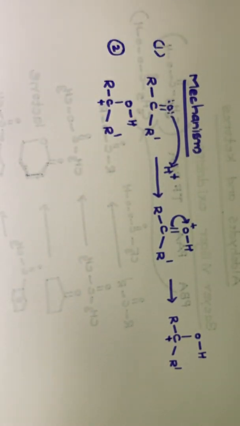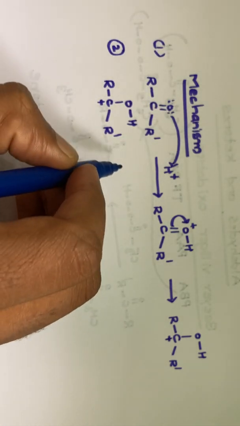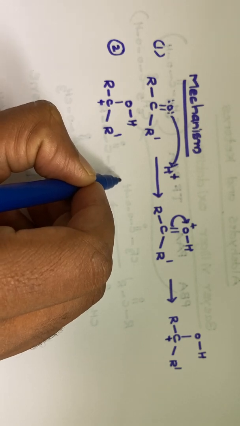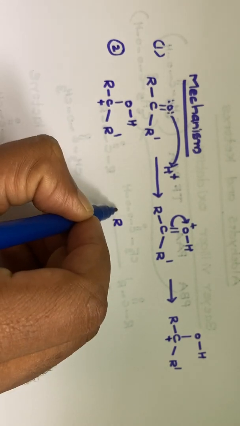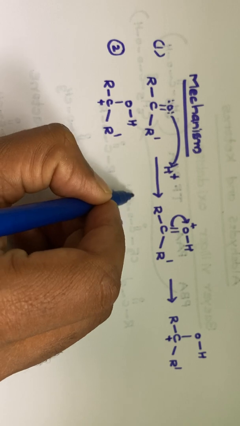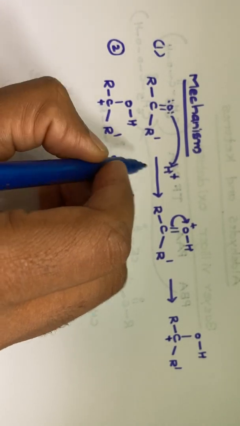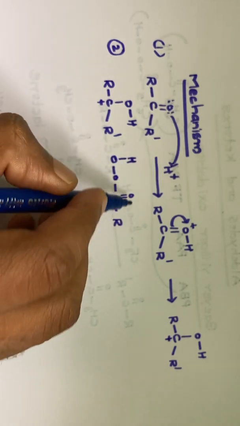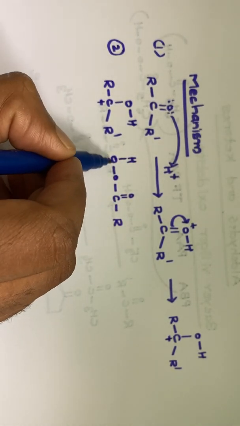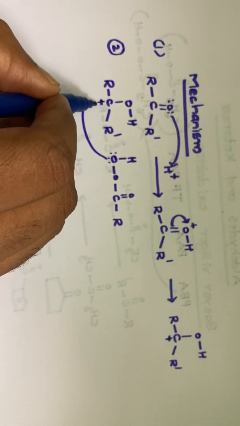I'll just write the structure of a general peroxyacid: R, C, double bond O, O, O, H. This will attack.